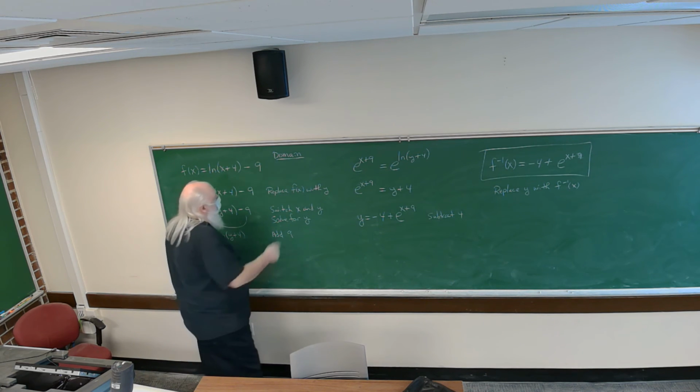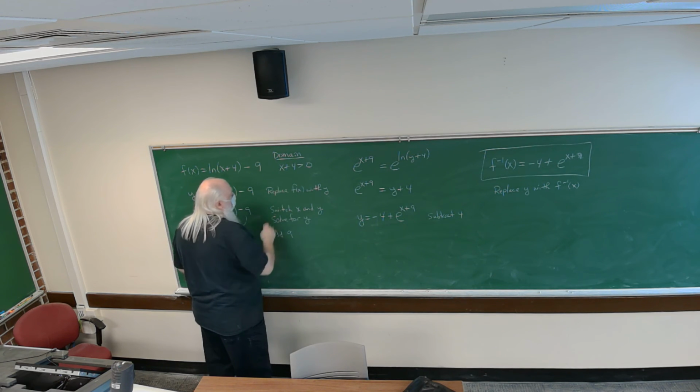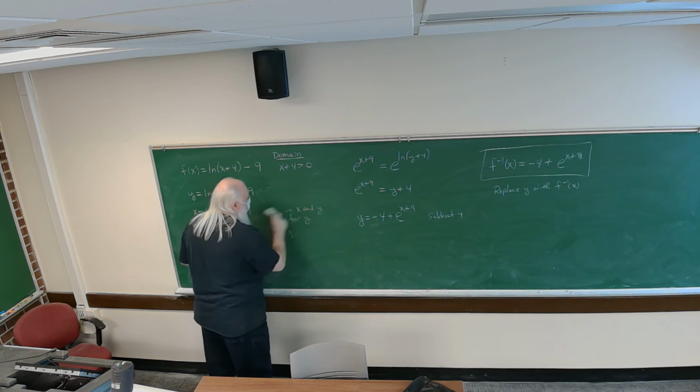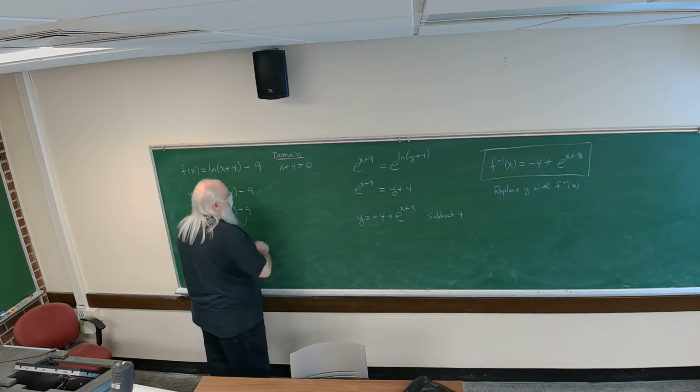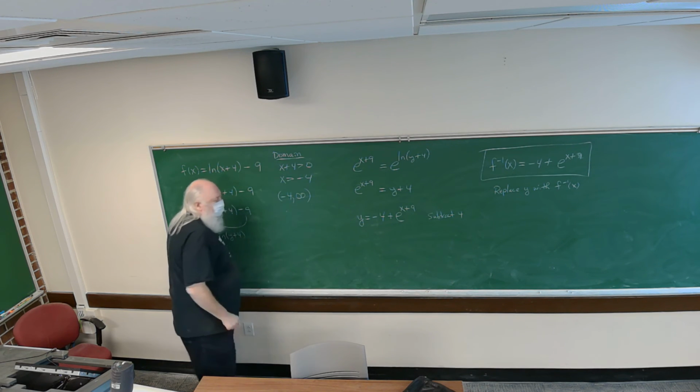So you set the argument greater than 0, and then you solve for x, right? Solve that inequality for x. Subtract 4 from both sides. You have x is greater than negative 4. So in interval notation, minus 4 to infinity.